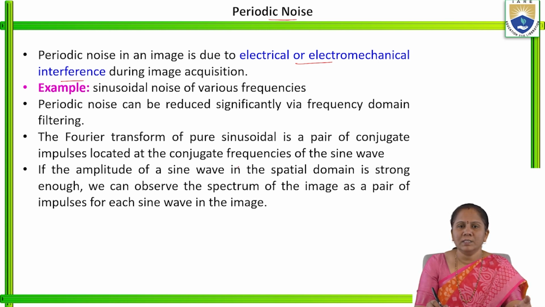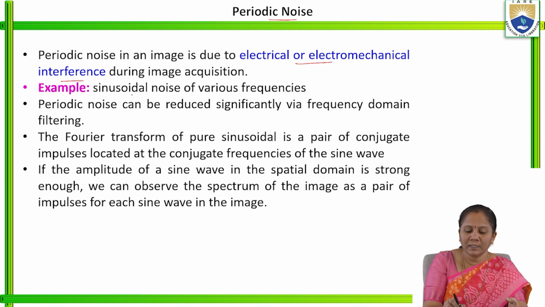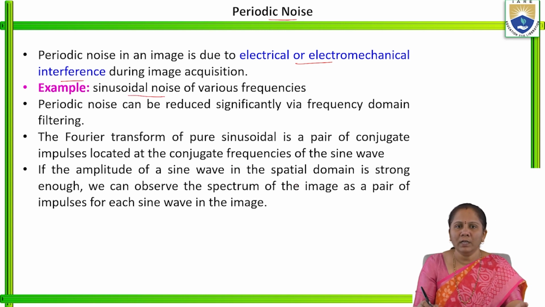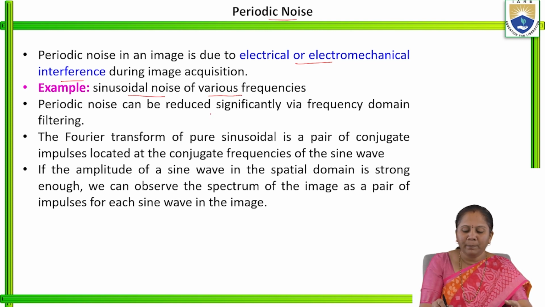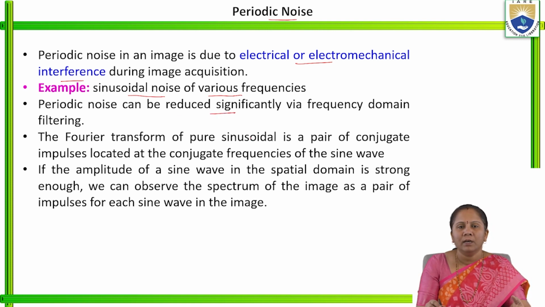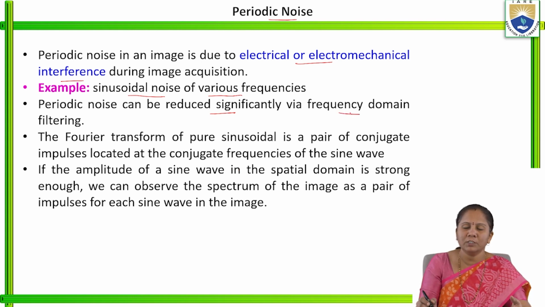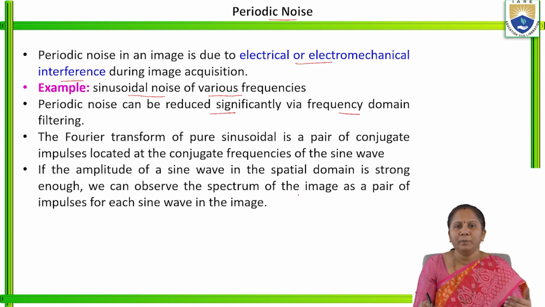We can consider one example for this periodic noise, a sinusoidal waveform. The sinusoidal noise will consist of different range of frequencies, and periodic noise can be reduced by applying frequency domain filters.